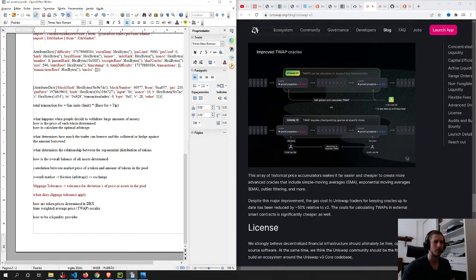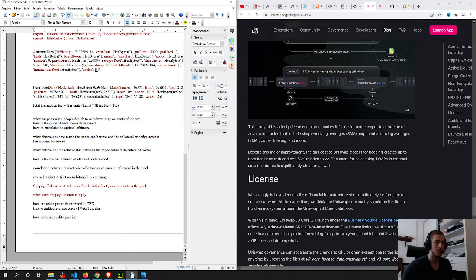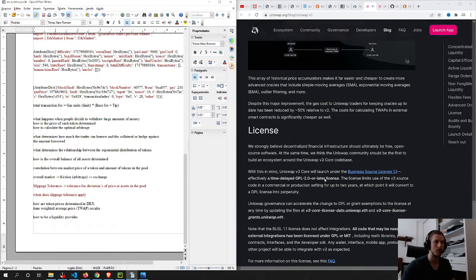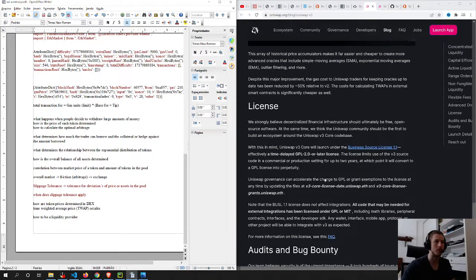This array of historical price accumulators makes it far easier and cheaper to create more advanced oracles that include simple moving averages, exponential moving averages, outlier filtering, and more. Despite this major improvement, the gas cost to Uniswap traders for keeping oracles up to date has been reduced by 50% relative to v2. The cost for calculating TWAPs in external smart contracts is significantly cheaper as well.